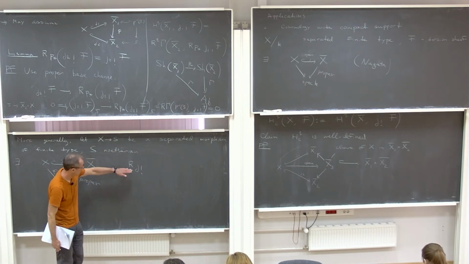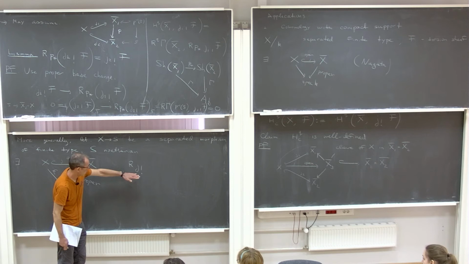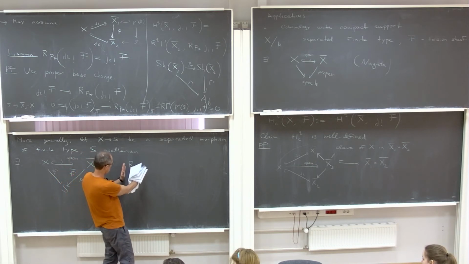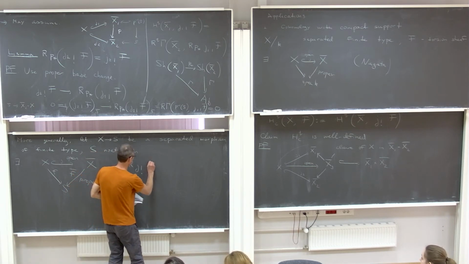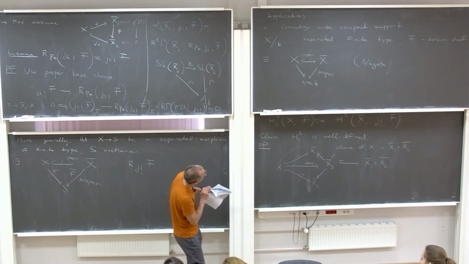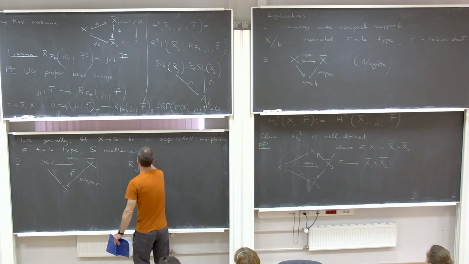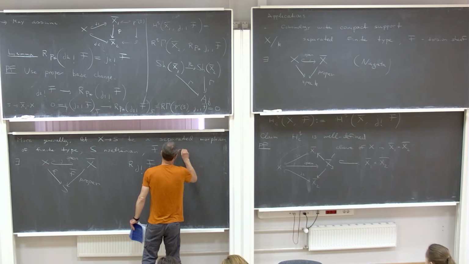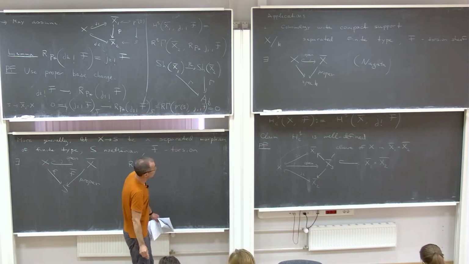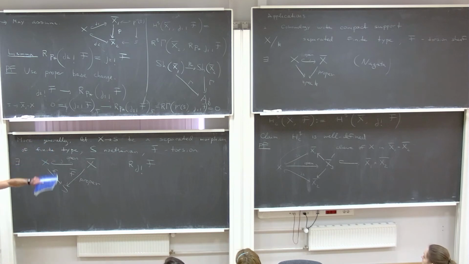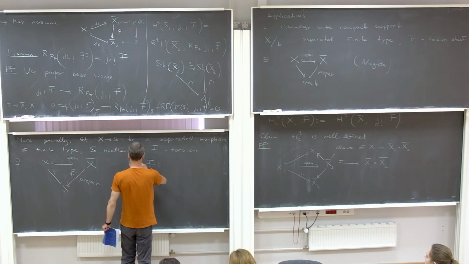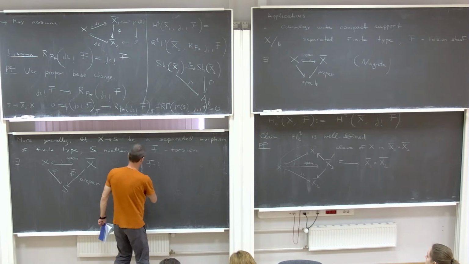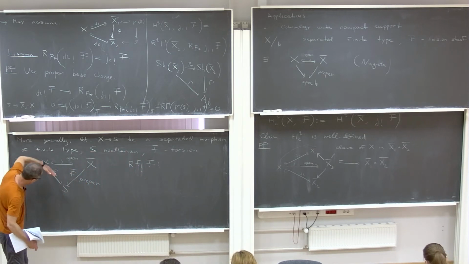This is not a derived functor of something. We define it for any torsion sheaf F. Did I say that F is torsion? Right. I use this because the proper base change theorem holds only for torsion sheaves. So I want to define a sheaf on S.